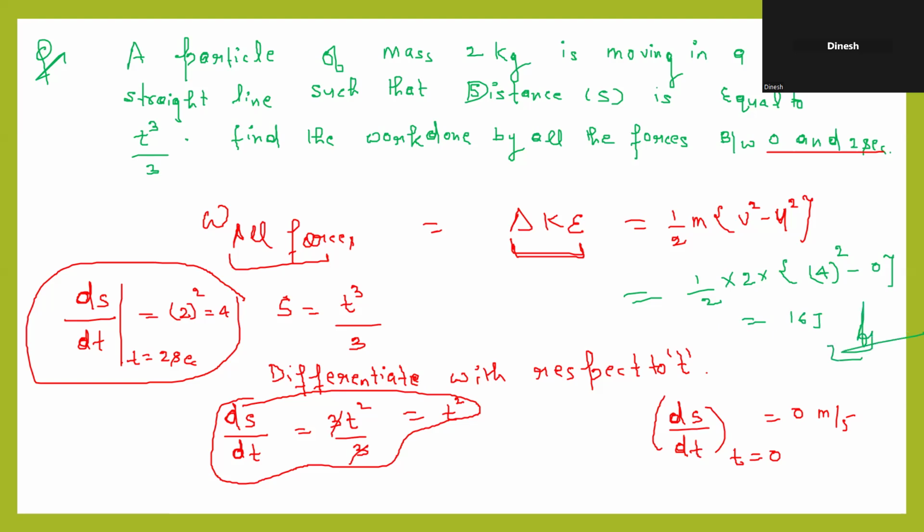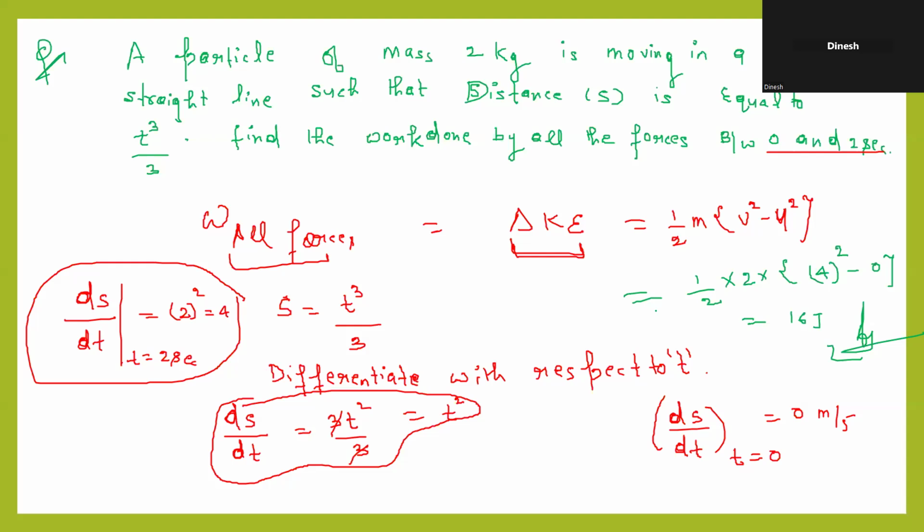Clear? Hello, Dinesh? Am I audible? Sir, network issue. Please check your network. See, what I'm saying is that in this equation distance is given in the form of t.